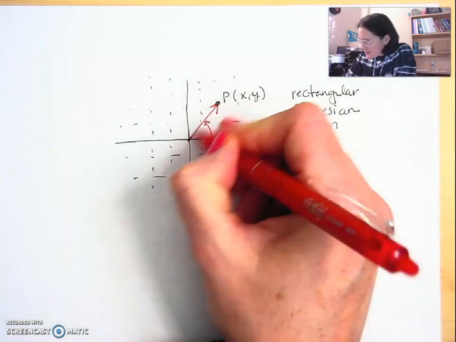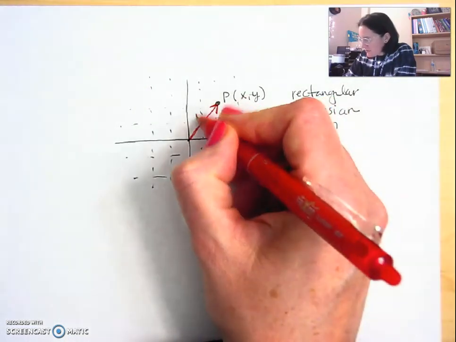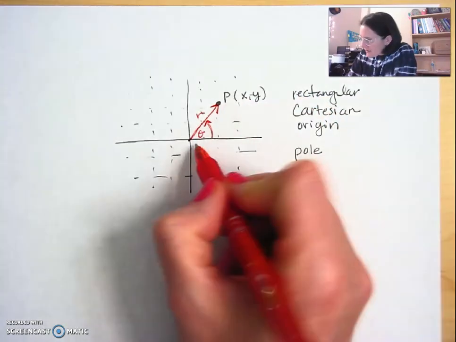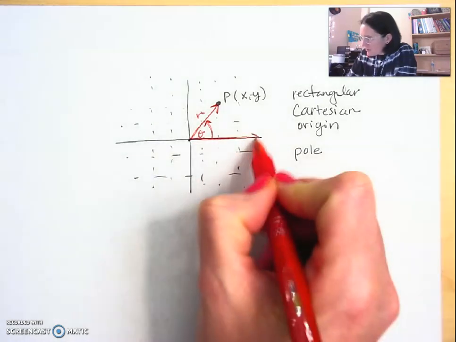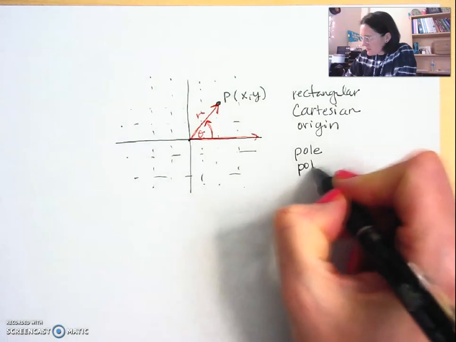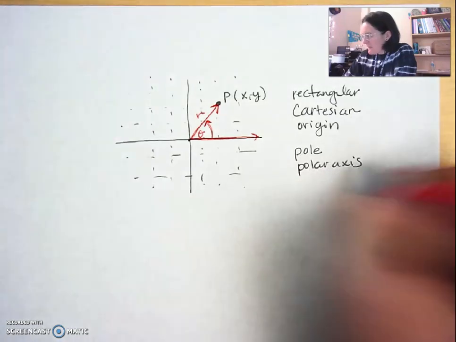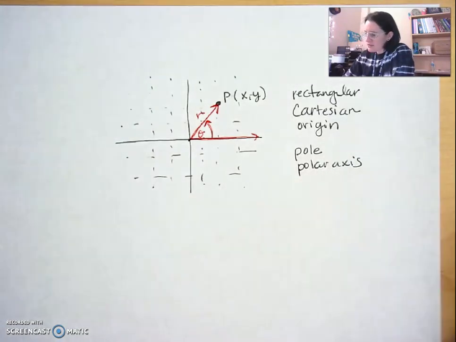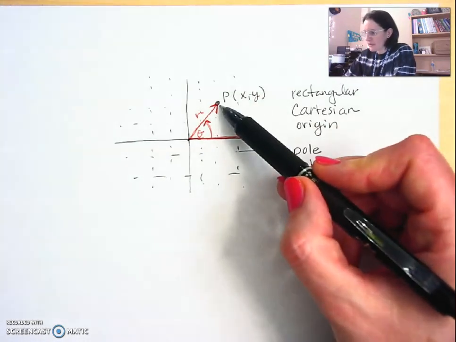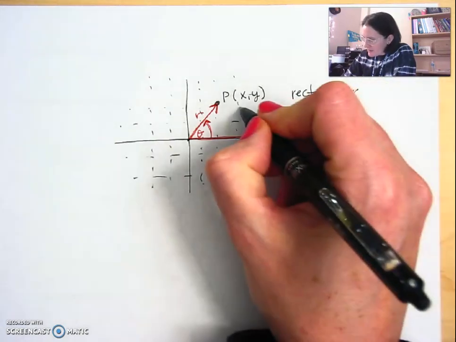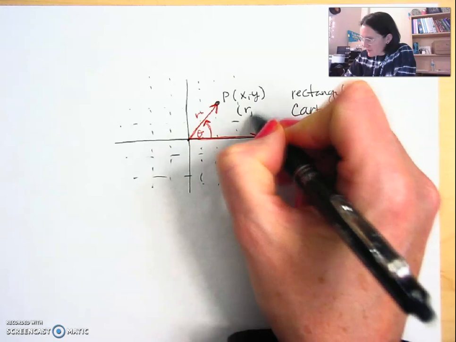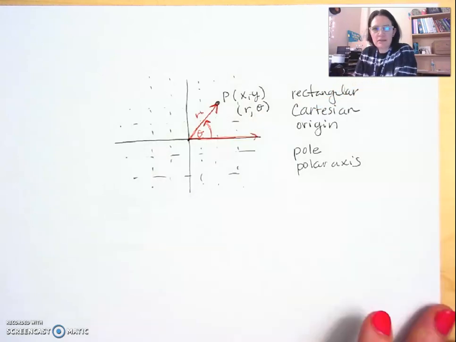So this distance here we're going to call r for radius, and then this angle here we're going to call theta, and this right here is our polar axis. So two different systems that serve different purposes, but both can be used to identify this point in space. And as an ordered pair for the polar coordinates, it's r first and theta second.